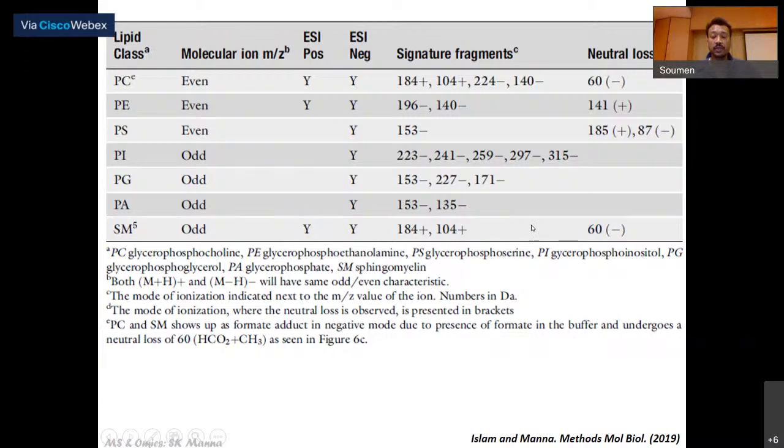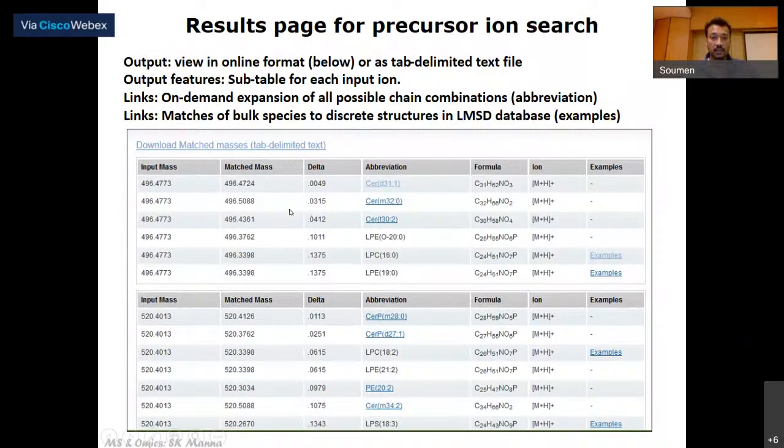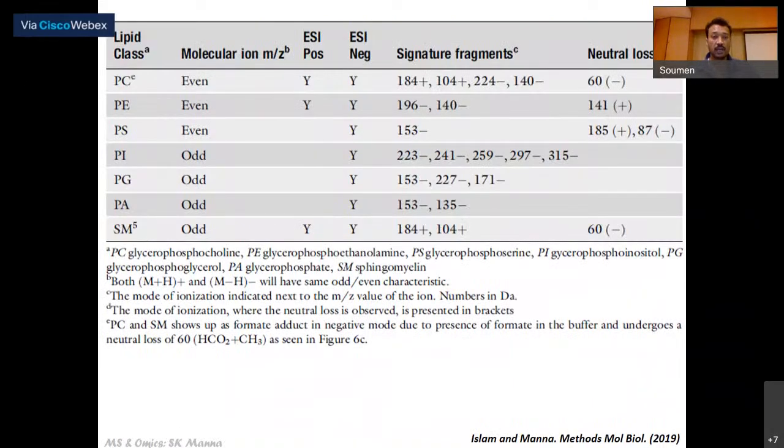Okay. So looking into these signatures, you can make a very good guess. For example, this is important because in some cases you will see all kinds of hits. You have phosphoethanolamine, you have phosphocholine, and you have ceramide. So looking into the precursor mass and also the fragmentation.